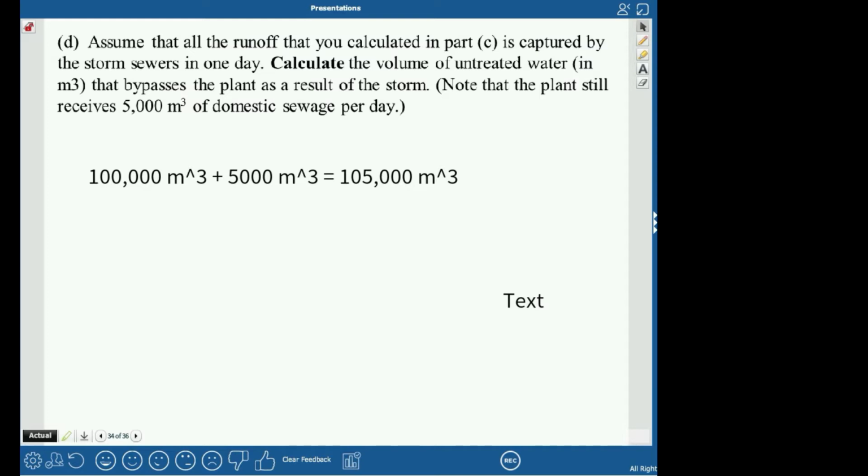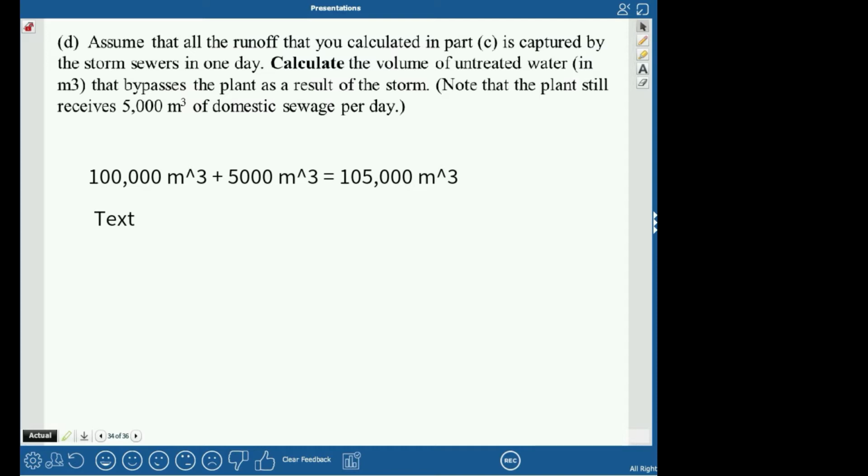Now it says the plant can treat 10,000 a day. That's what it said in that little box at the beginning. So we can take this 105,000 and subtract 10,000 from that.